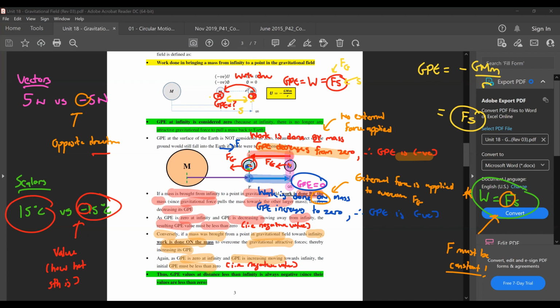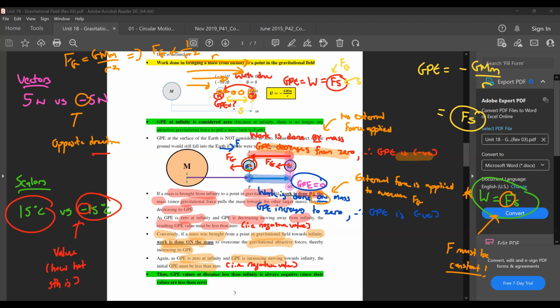Now, in your current case, when you are bringing a mass from infinity all the way to the point you're considering, notice that your R, the center to center distance between the masses, is actually varying. Gravitational force is GMm over R squared, so Fg is inversely proportional to R squared.